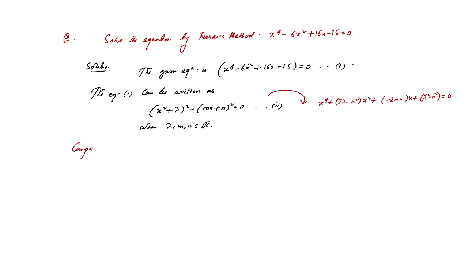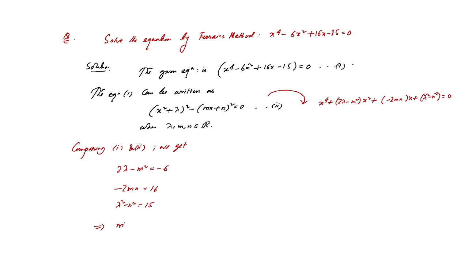Next step, comparing 1 and 2, what do we get? We get 2 lambda minus m square, which is the coefficient of x square, equals minus 6, minus 2mn equals 16, and lambda square minus n square equals minus 15.